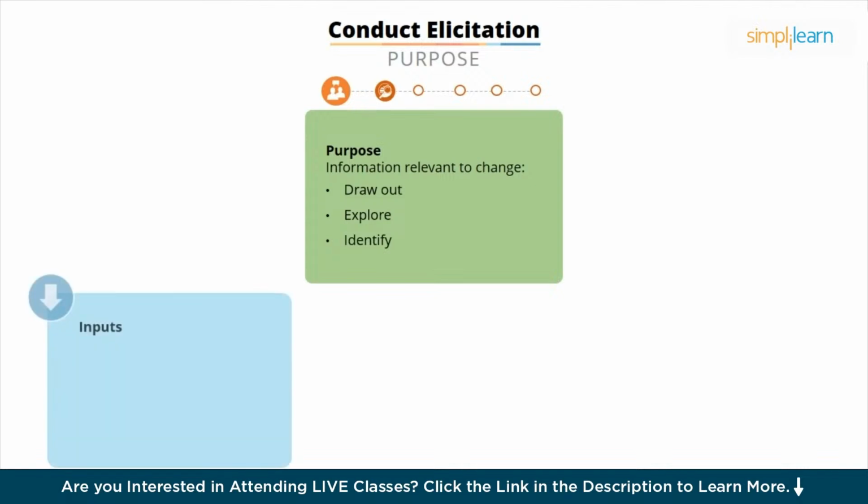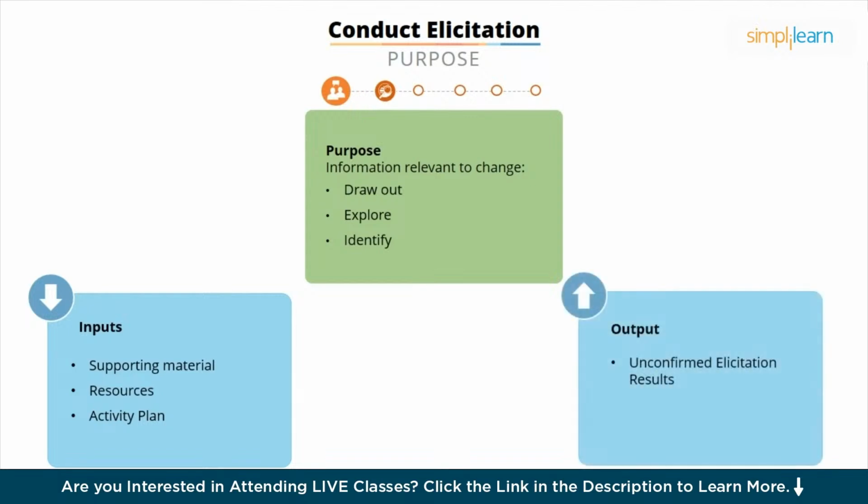You have supporting material, resources, and an activity plan to conduct elicitation. When you are performing the elicitation activity in a team setting, you need to guide the elicitation session and capture elicitation results. If you are moderating or facilitating the session, then it is good that someone else performs the role of a scribe. Output of this task is unconfirmed elicitation results.